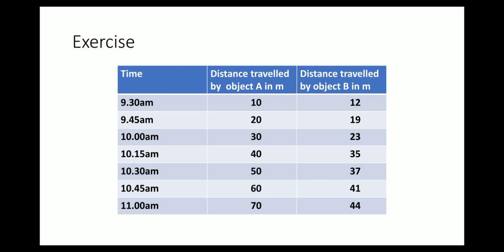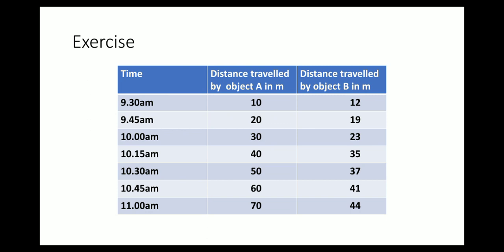And object B. Object B, 12 and 19, the difference is 7. 19 and 23, the difference is 4. And 23 and 35, the difference is 12 meter. So, object B travels 12 meter in the first 15 minutes, 19 meter in the next 15 minutes, and 23 meter in the next 15 minutes.